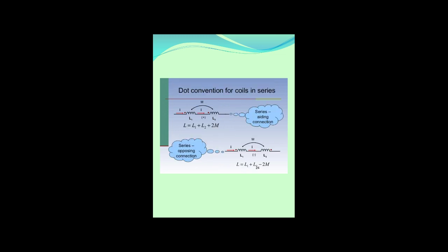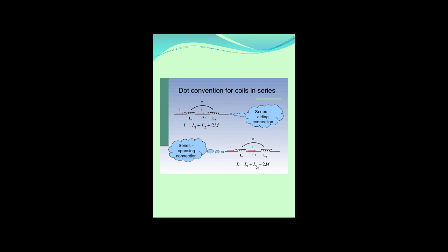Now dot convention for coils connected in series. In the given circuit, two coils are connected in series having inductances L1 and L2, and in coil 1 current is entering at the dot terminal. Similarly, in coil 2 current is entering at the dot terminal.